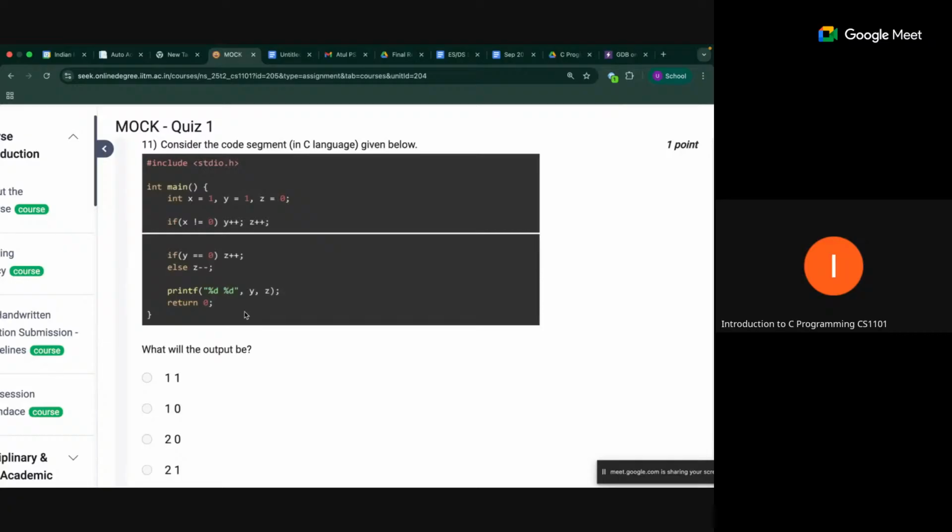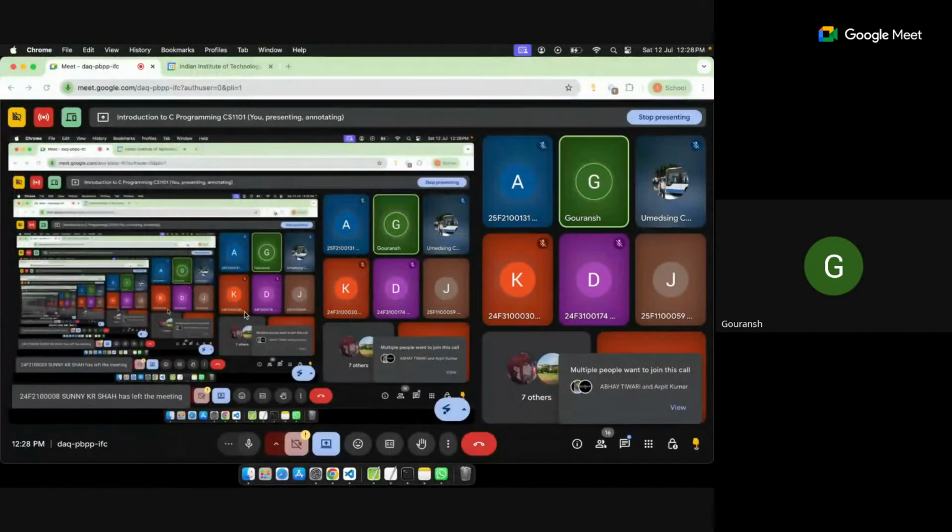If y is equal to 0, z plus plus is given, else z minus minus. Yes, what is the answer here? Option C.